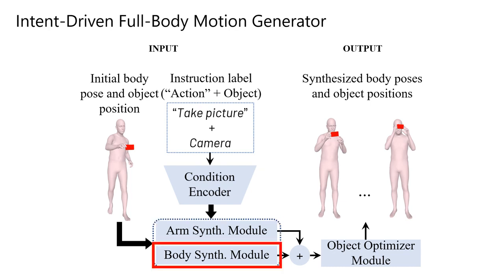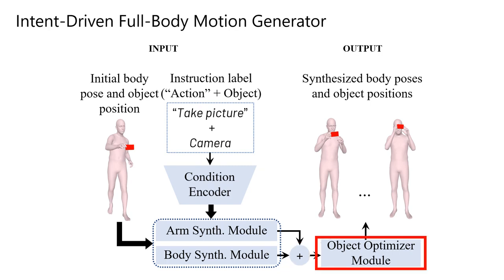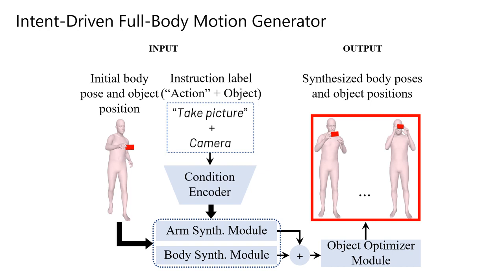We similarly design a body synthesis module that leverages the interactions between the arms and the rest of the body and uses self-attention to autoregressively synthesize movements of the full body. The arm and the body movements are concatenated and passed to our object optimizer module. We designed this module using a surface-to-surface distance metric for each interacting hand-object pair and optimized for the 6 DOF parameters of the object such that it plausibly fits within the hands of the synthesized character.